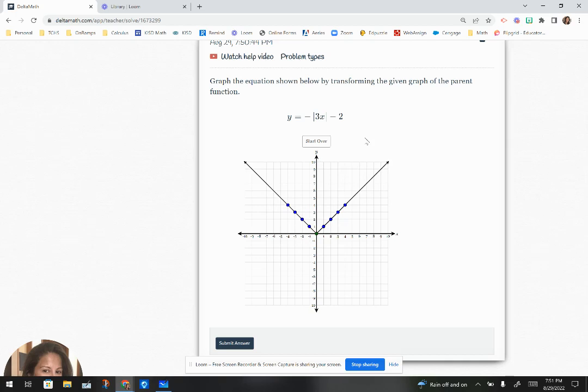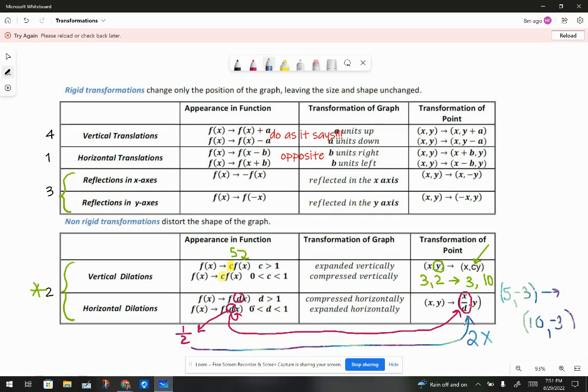Next, we do coefficients to see if we have any dilation. We do have a coefficient, the number 3. Number 3 is multiplying by our x. So let's come over here. When we have a number, let me erase all these markings to make it easier for you. When we have a number multiplying with our x, remember what we do in this section.